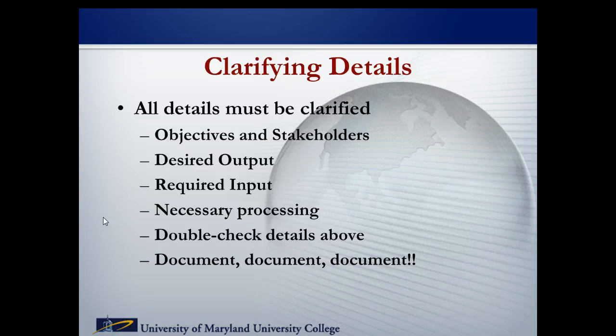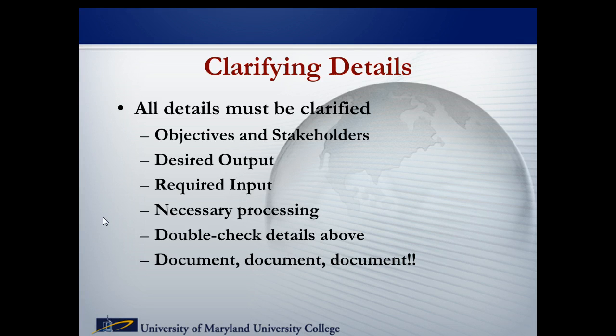So in this segment, we need to clarify some details of our project. We're going to make sure that we understand what the objectives are of the stakeholders, specifically the customer and what the customer needs. Now, again, these requirements change pretty rapidly.